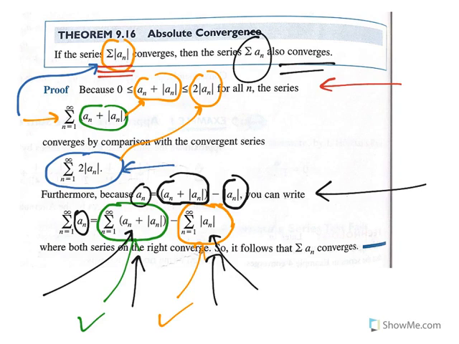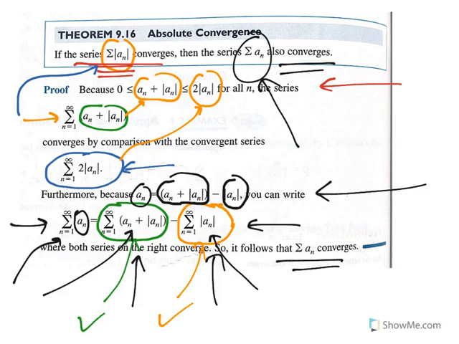And when you subtract the two, you get a sub n. So we can establish this relationship, and by Theorem 9.7, because these two series on the right converge, the series on the left must converge. So we have shown that this series must converge by assuming the convergence of the corresponding absolute value series and doing some logical reasoning.